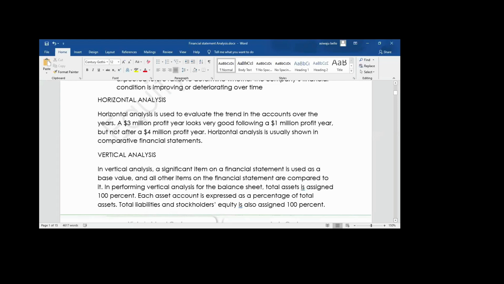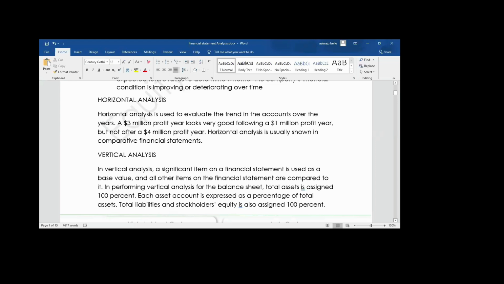What am I trying to measure? I'm trying to look at the amount of cash represented in our assets. If you are doing that, you are doing vertical analysis of the financial statement. I can pick inventory assets over total assets.